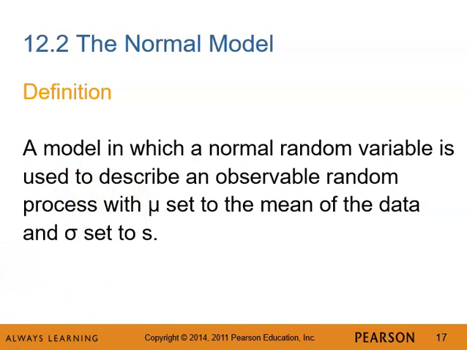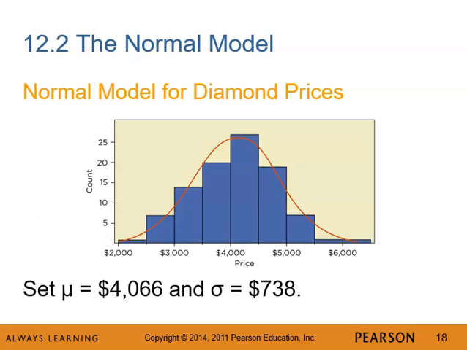So what is a normal model? A normal model is a model where the variable is used to describe an observable random process with average set to mean as the data and sigma set to s as standard deviation. So this is an example of a normal distribution.